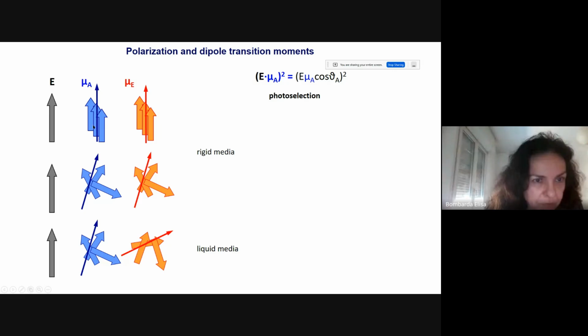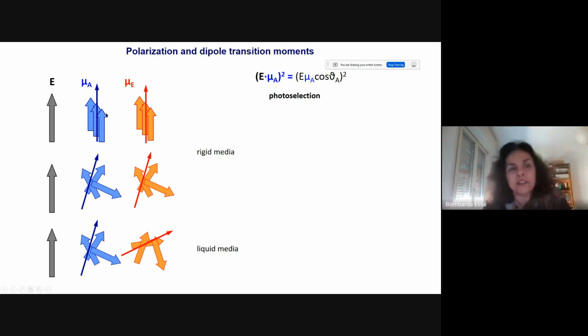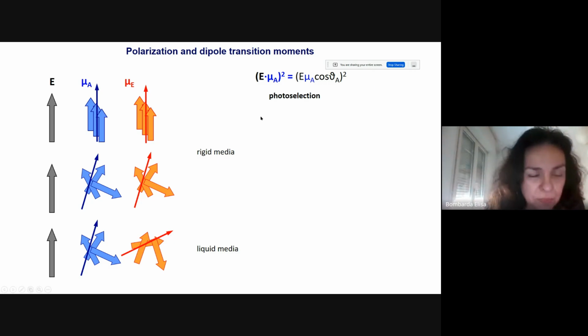So what we have represented here are the absorption transition moments of each molecule. And on average, of course, the average of the solution, that is the transition moment, is this dark blue line. Of course, they are all parallel, and it's a very ordered and rigid system.